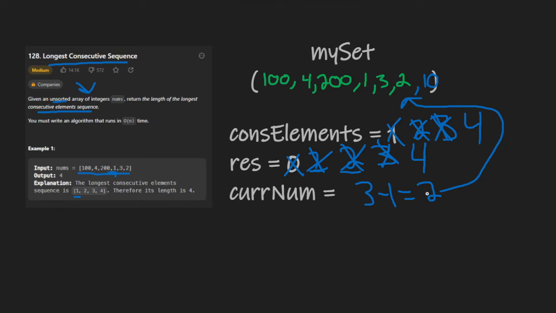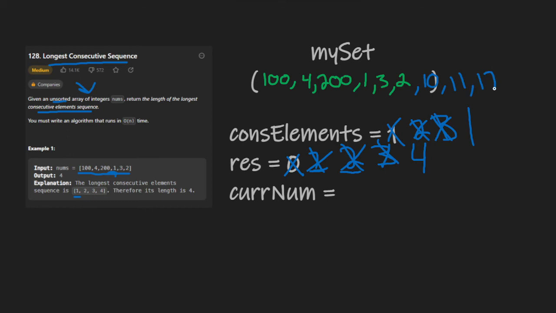So we're actually going to set consecutive elements back to 1. If we realize that we're not at the beginning of a sequence, right? So 3, we're not at the beginning of a sequence, so we're going to set the consecutive elements back to 1. And the reason we do that is because there could be a longer consecutive sequence on this side, right?